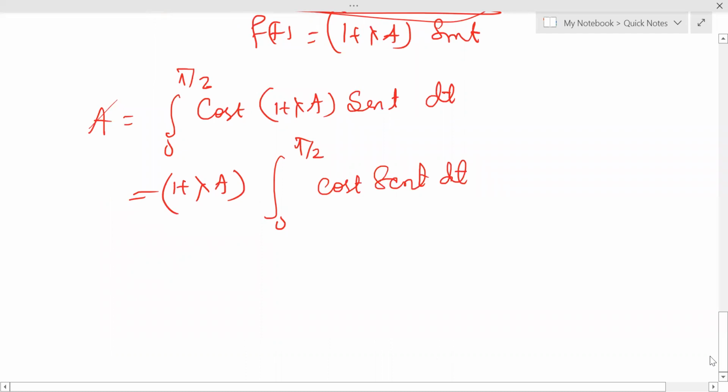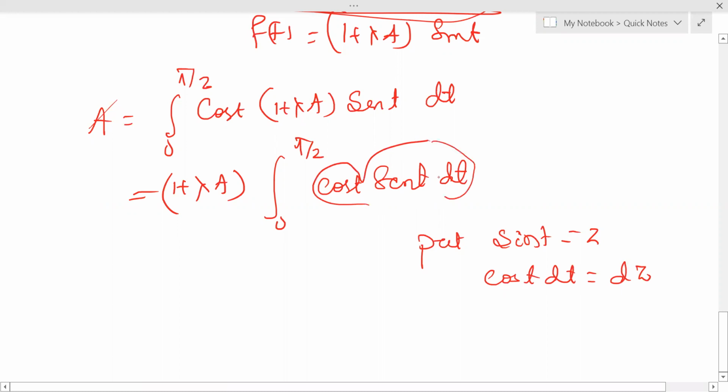Substitute sin t = z, then cos t dt = dz. The 1 + λa stays, and that is z dz.